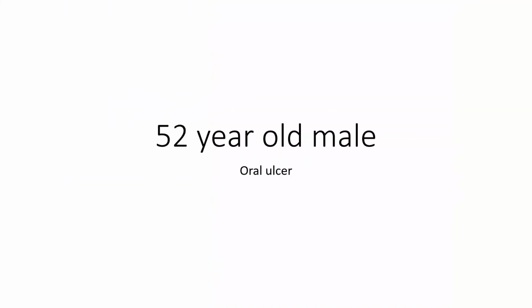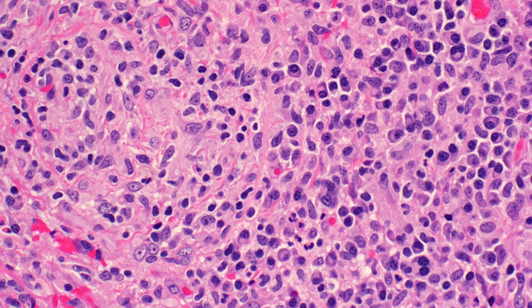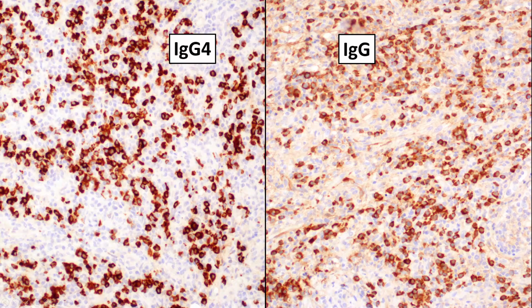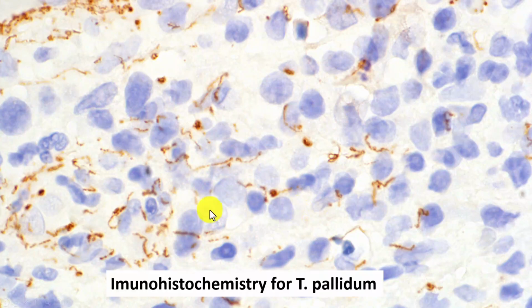This second case, this is not IgG4-related disease, is a slightly older man who's not been up to any good, had this diffuse plasma cell infiltration, lots of plasma cells, vague granulomas, and a massive increase in IgG4-positive plasma cells. You're thinking this has got to be IgG4-related disease, and it is not, because this is the immunohistochemical stain for syphilis, and you can see those organisms crawling all over the place.